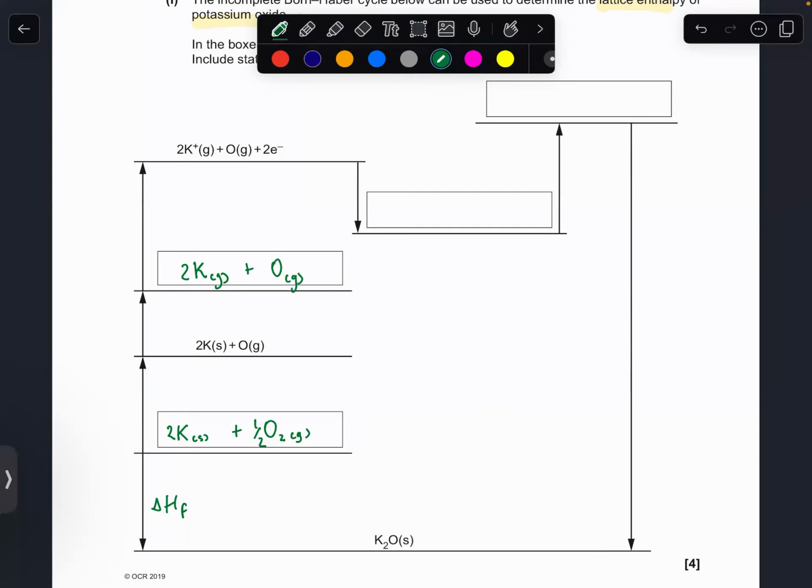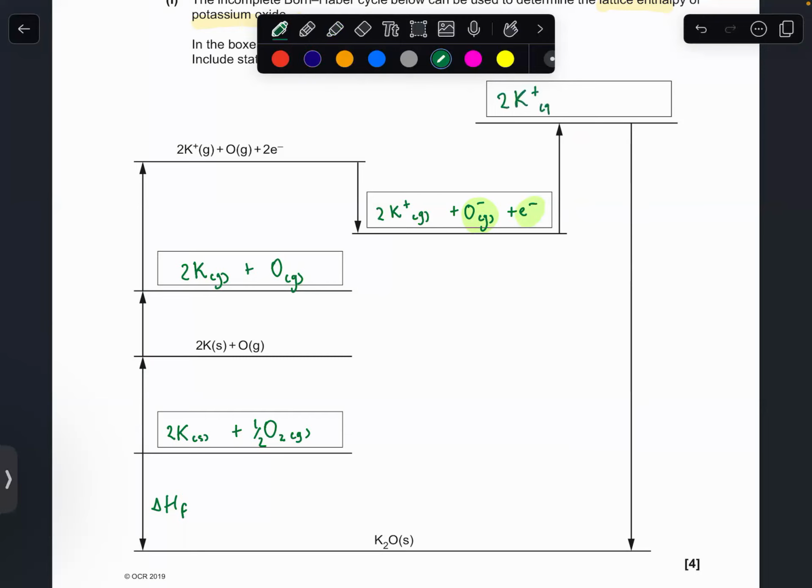Then you have the first electron affinity, which releases energy, which is 2K+ (g) plus O- (g) plus 1 electron left. When the second electron is going to be gained, it's an endothermic reaction because you've got a negatively charged ion attracting a negatively charged electron. So you need to input energy. That's why it's endothermic. That's why the arrow goes up.